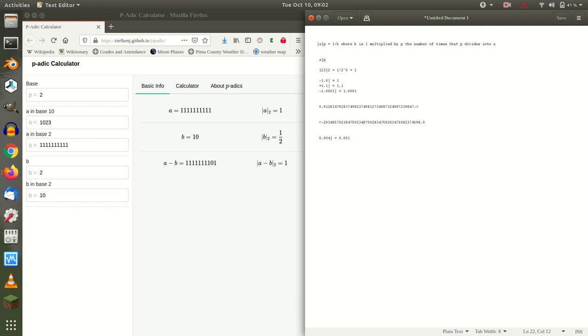So you've got 0.004 absolute value. That would be 0.001. Okay, so the 4 gets thrown away. We just ignore it. But also, it doesn't matter what we put after it. It's still the same size.